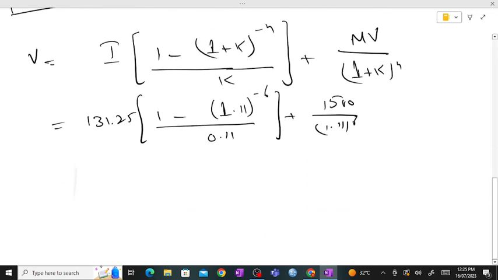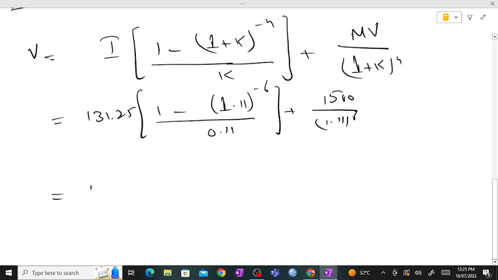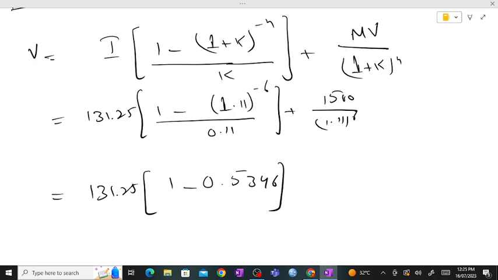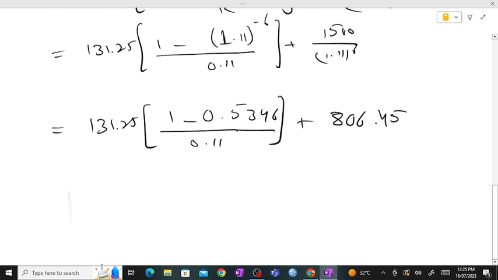So what will we get? 131.25 times (1 minus 0.5346) divided by 0.11, plus 806.45.